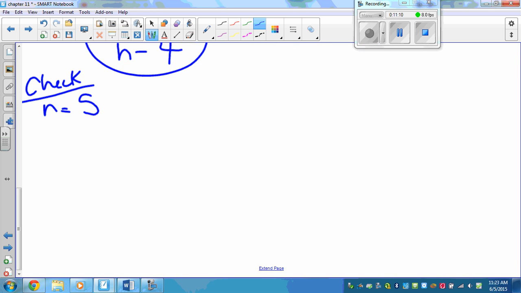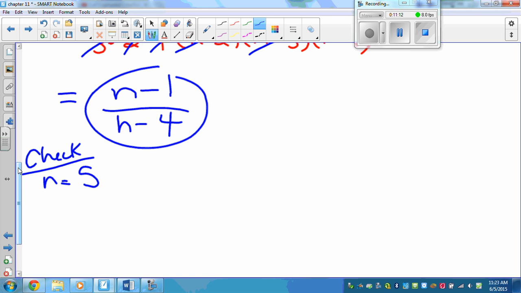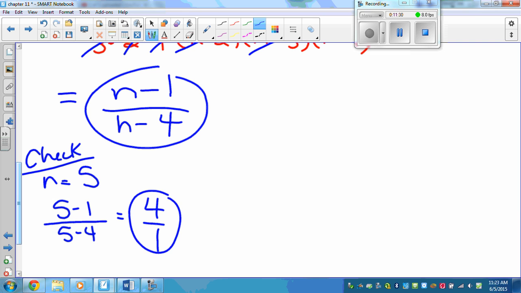If n was 5, I would have 5 minus 1 over 5 minus 4, and I could choose any number to put in. I just chose the number 5. It has to be a positive integer is the only thing. Okay, so I have 4 over 1. I get the number 4.